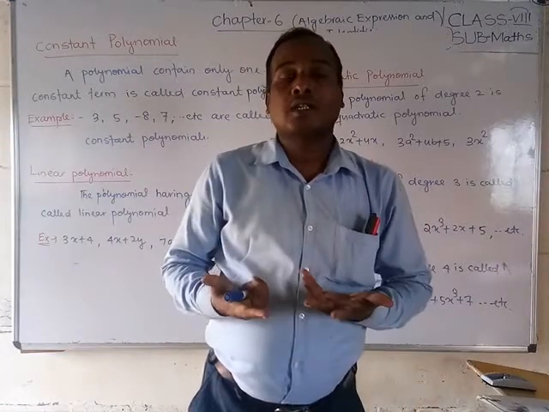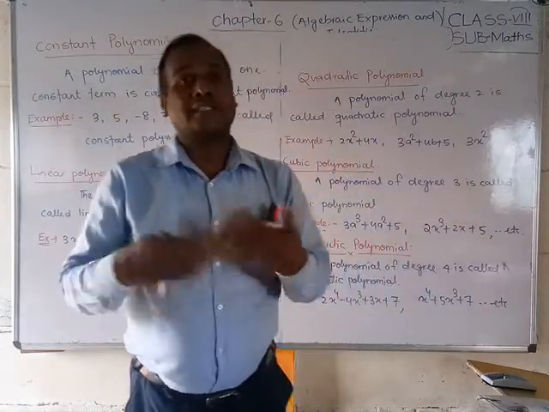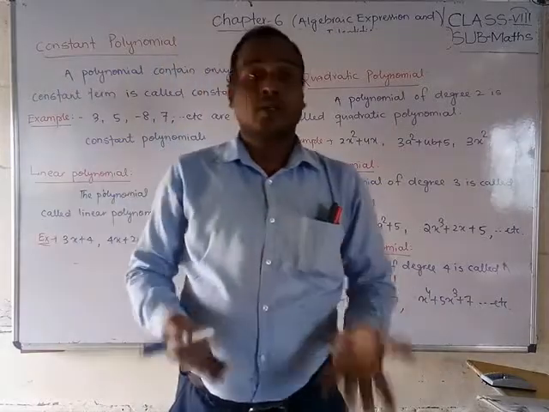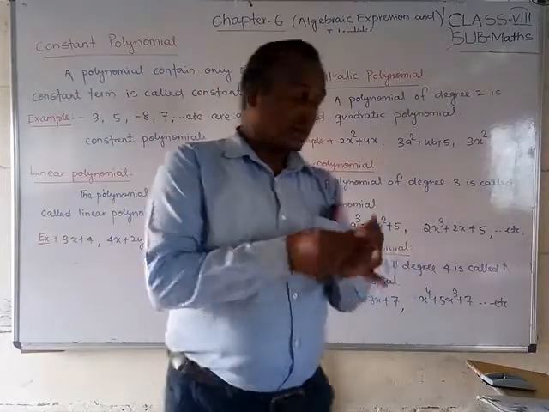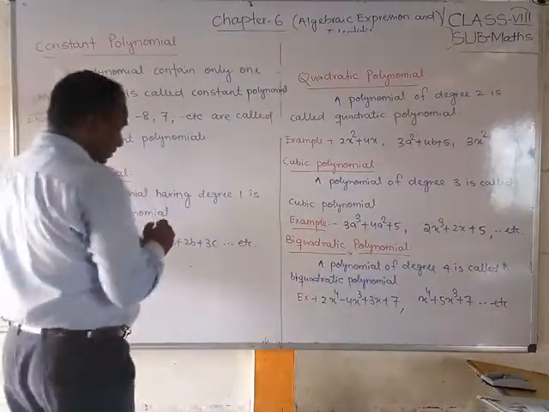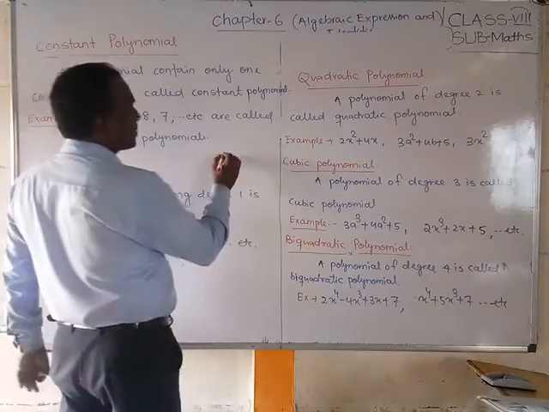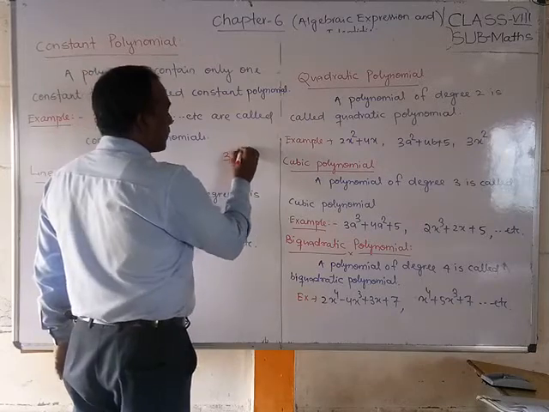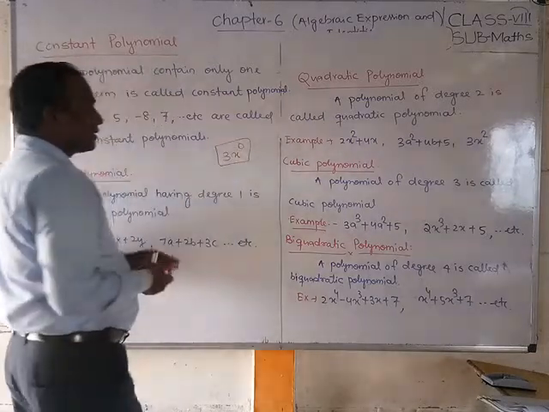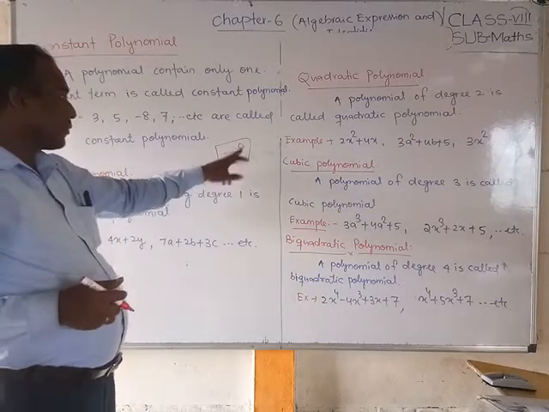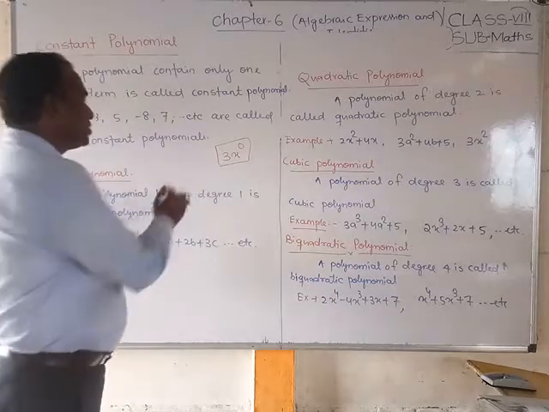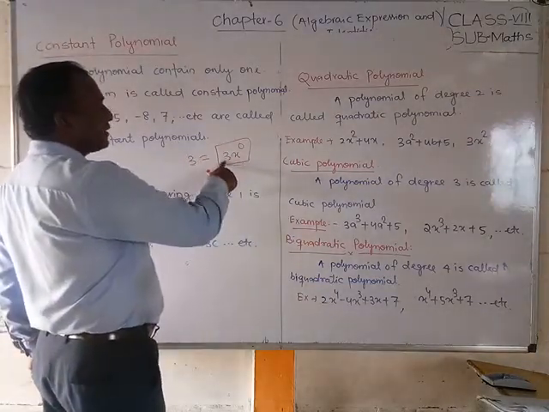You will ask, why, sir? If there is no variable, it is not an algebraic expression. But students, observe here, I will explain how 3 is also an algebraic expression, because I can write 3 x power 0. Yes, 3 is a constant term, but x power 0 means 1. So instead of 3, I can write 3x to the power 0.